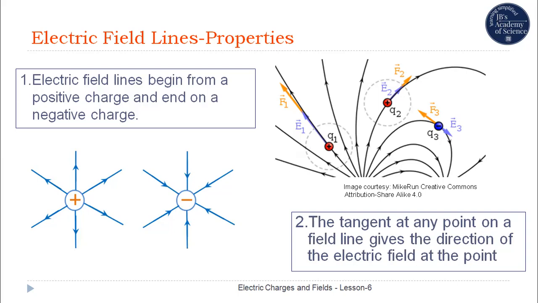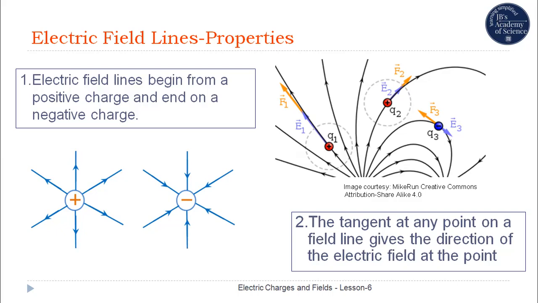Suppose you consider a small charge Q1 placed on a field line as shown in the figure. Draw the tangent at the point where Q1 is placed. The blue tangent gives the direction of the electric field, and the orange tangent gives the direction of the force on Q1 placed at that point.